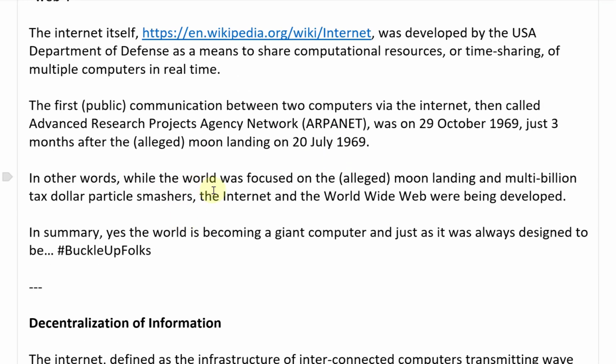In other words, while the world was focused on the alleged moon landing and multi-billion tax dollar particle smashers, the internet and the World Wide Web were being developed.